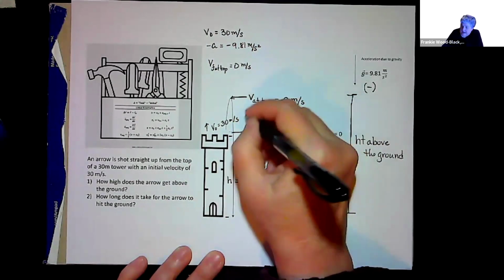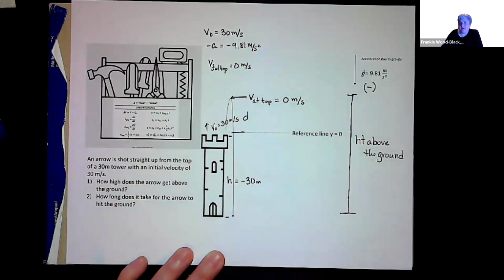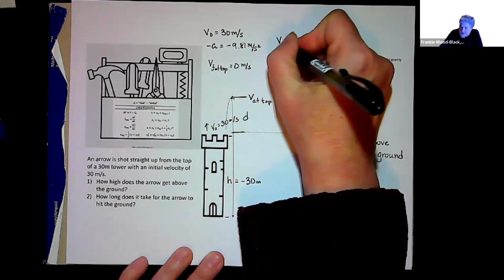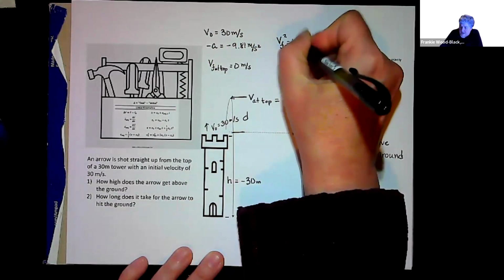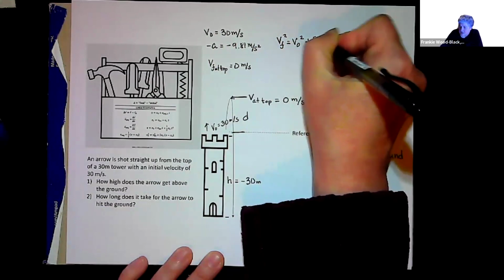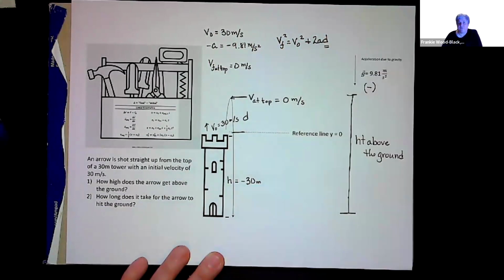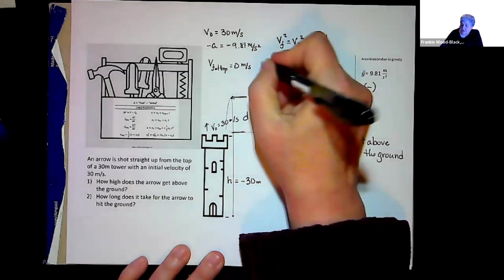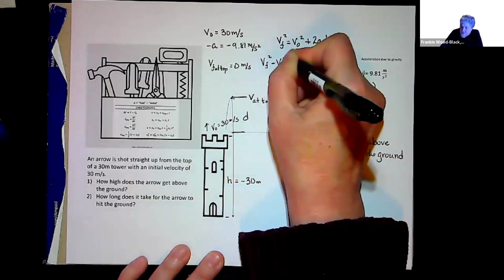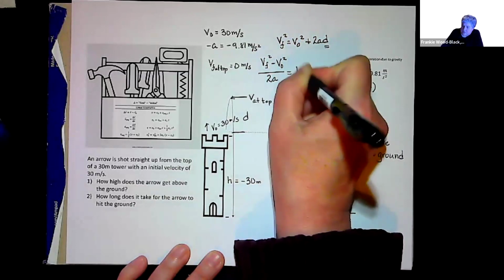So I can find this distance from my initial point to up here. And one of the equations we can use is my final velocity squared is equal to my initial velocity squared plus 2 times my acceleration times my distance that I'm looking for. So I'm going to do final velocity squared minus initial velocity squared divided by 2 times my acceleration is equal to my distance.